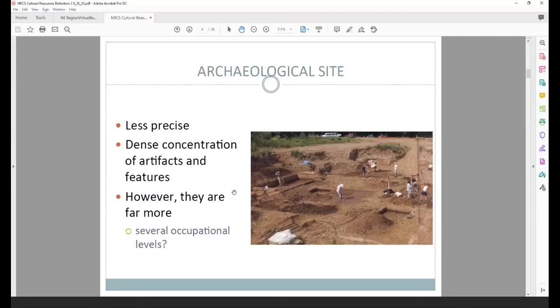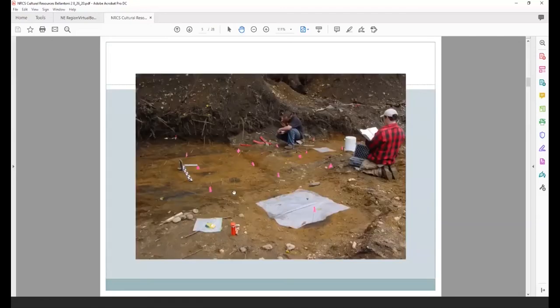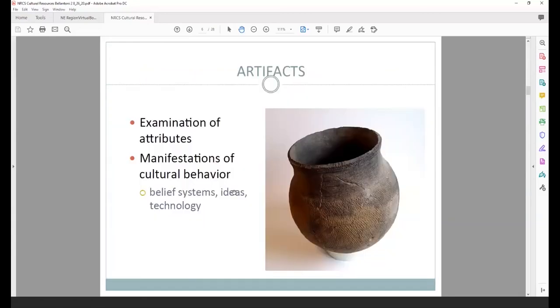Next slide. So some of the stuff is very shallow in the ground, depending on soil buildup in various parts of the country. In the American Southwest, in the desert, there's almost no soil buildup other than erosion and movement of soils. And you could find artifacts and features on the ground as you walk over it. And even here in the Northeast, where sites are buried, are fairly shallow. So they could be hit by a plow. Artifacts you're familiar with. They're cultural manifestations of our behavior.